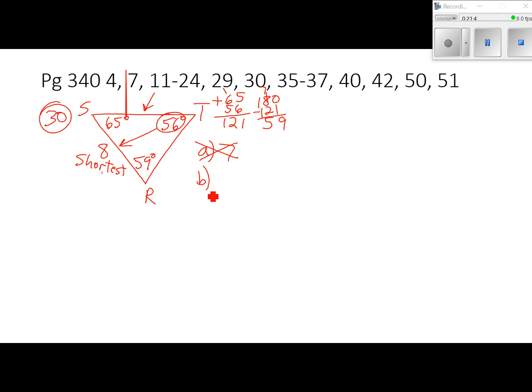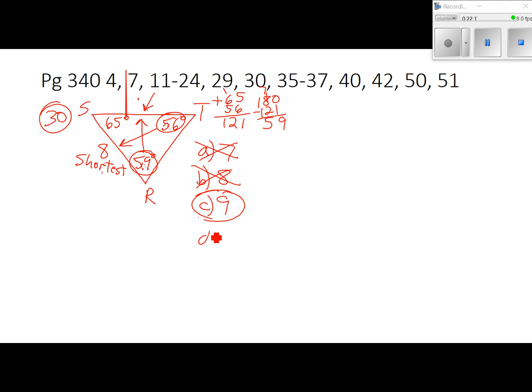B says 8. If this is 56 and this angle here is 59, for this side over here to be 8, those two angles would also have to be the same, and they're not, so it can't be 8 either. C, 9. It's across from a bigger angle than the 8, so 9 could work.